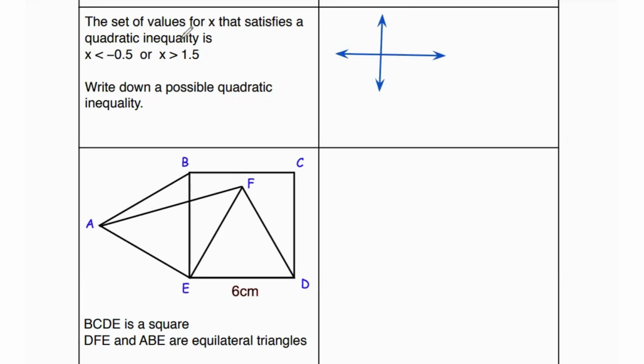So we know that negative 0.5 is going to be on this side and 1.5 is going to be over here. At negative 0.5, x values are decreasing, which is basically going towards this side.